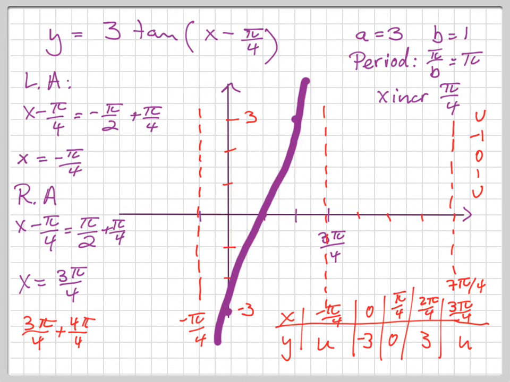And then I have 4 pi over 4, which is pi, 5 pi over 4, 6 pi over 4. I don't want to make this video too long, but I want to show you two periods: -3, 0, +3, and off you go. Here is your second period.